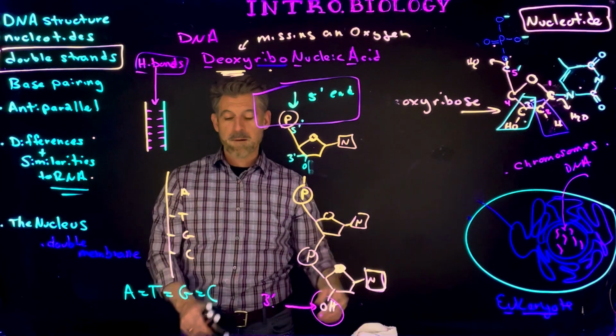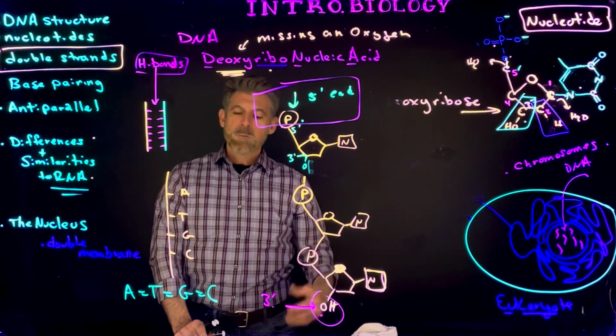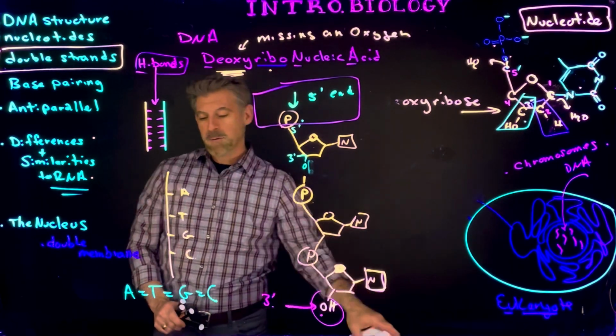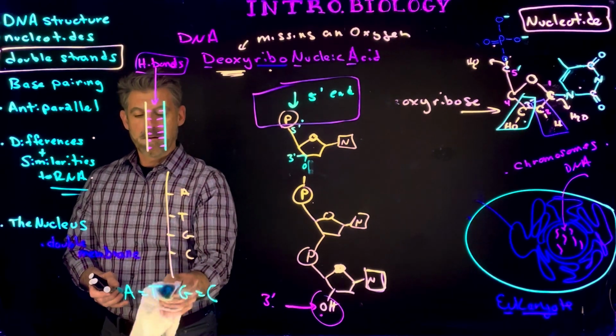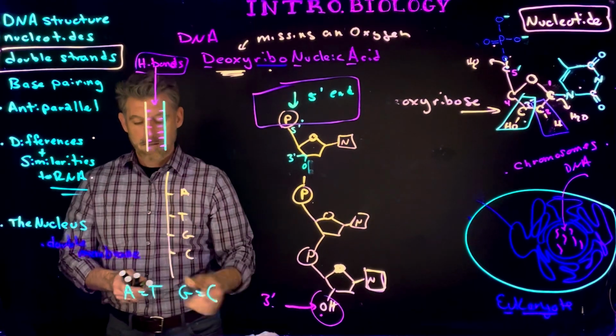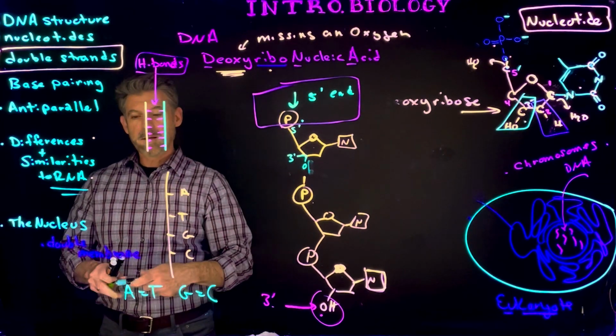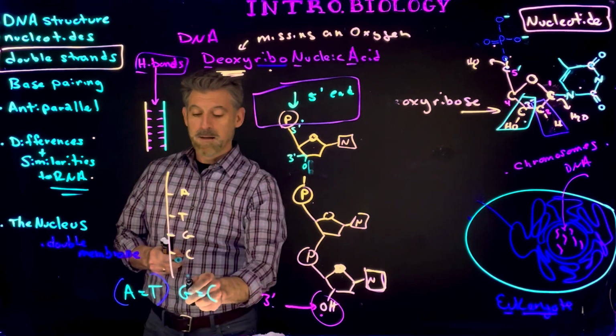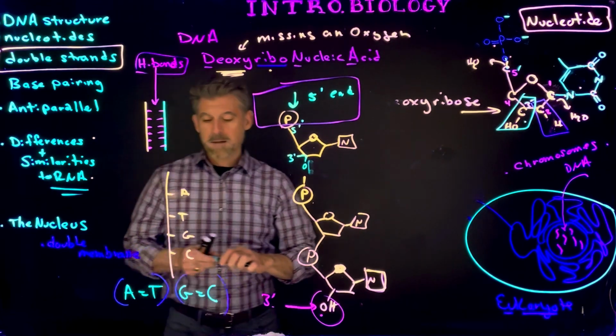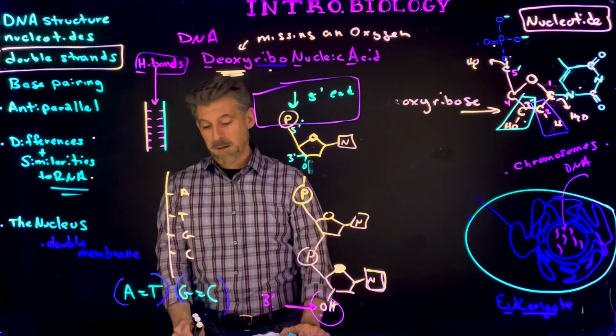And what he found was something interesting. What he found was that this was partially true. He found that A would always equal T, whatever the amount happens to be. And G would always equal C, whatever it happens to be.